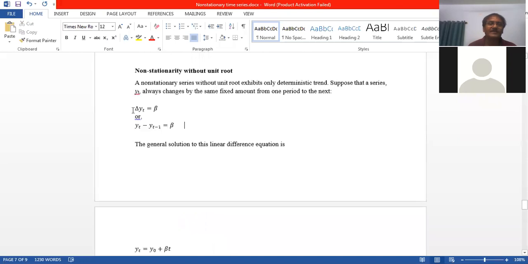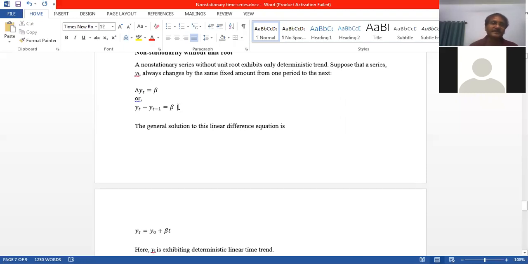So we have started with this assumption: the change in y is equal to constant. Change in y is equal to constant means yt minus yt minus 1 is equal to constant beta. This expression is nothing but first order linear difference equation.